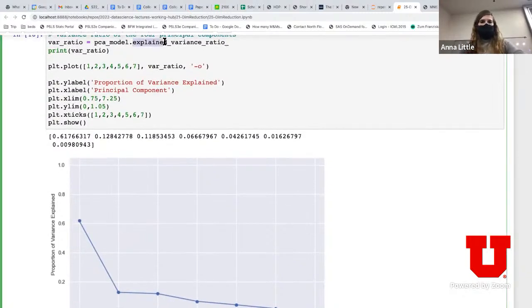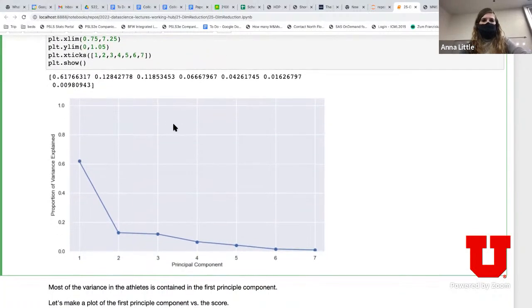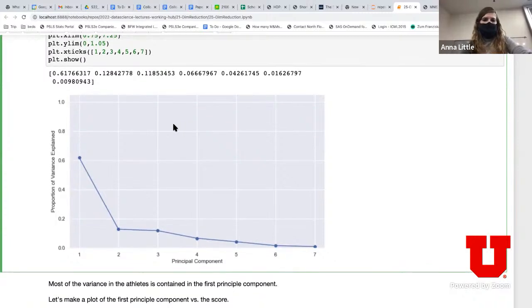So to look at the percentage of the variance explained by each component and to see how that decays. So here, this is what we get for this Olympic data. We have the first component explaining about 62% of the variance, the second component about 13%, 12%, 6.7%, and then it decays.